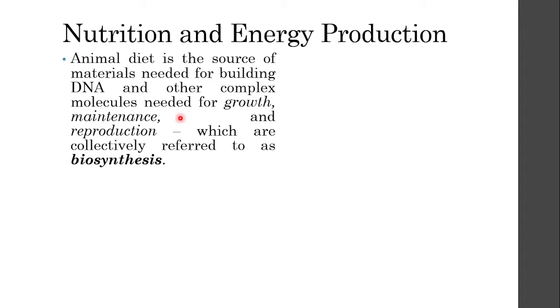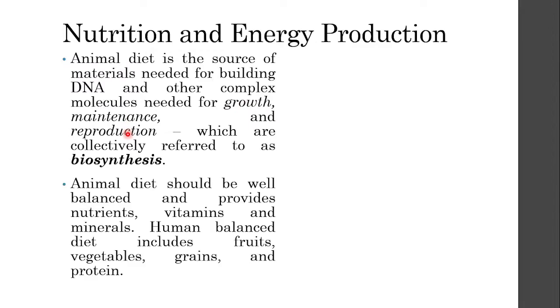So it is important that we get them from outside sources, and that is important for our growth, maintenance of our body structure, as well as reproduction. Without these nutrients, it is impossible for us to maintain the biosynthesis that is important for our growth, maintenance, and reproduction.